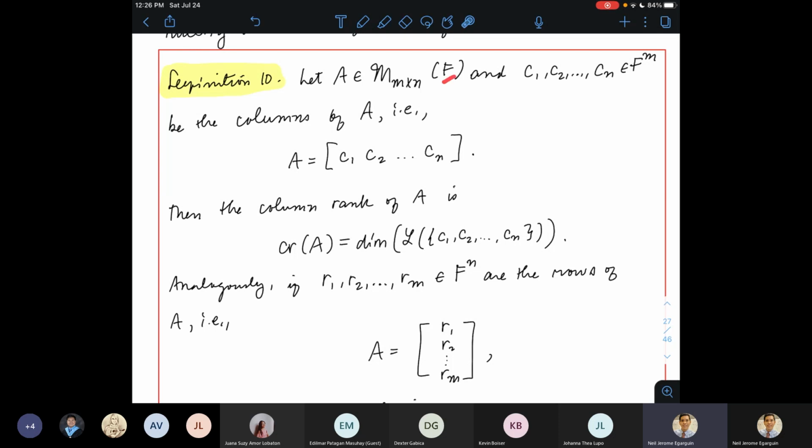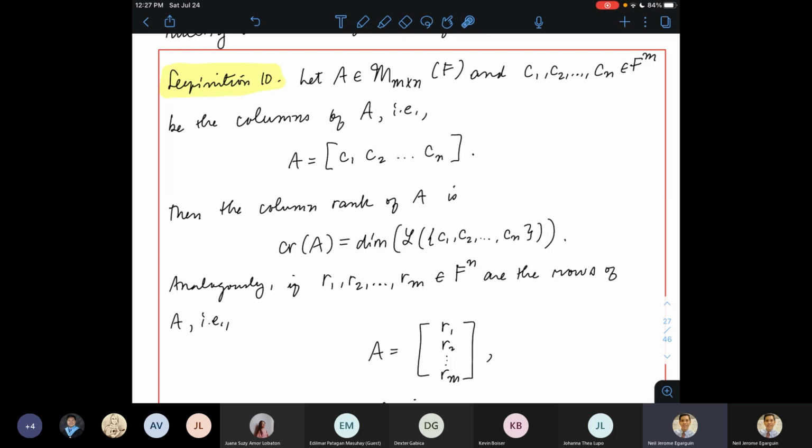And they are all coming from the field of scalars, which I hope you realize now why the importance or why the focus we had with fields in module 1. Kasi yung study natin ng vector spaces is now being reduced to study of matrices with entries coming from elements of a field. So at least we should have a rudimentary field theory.